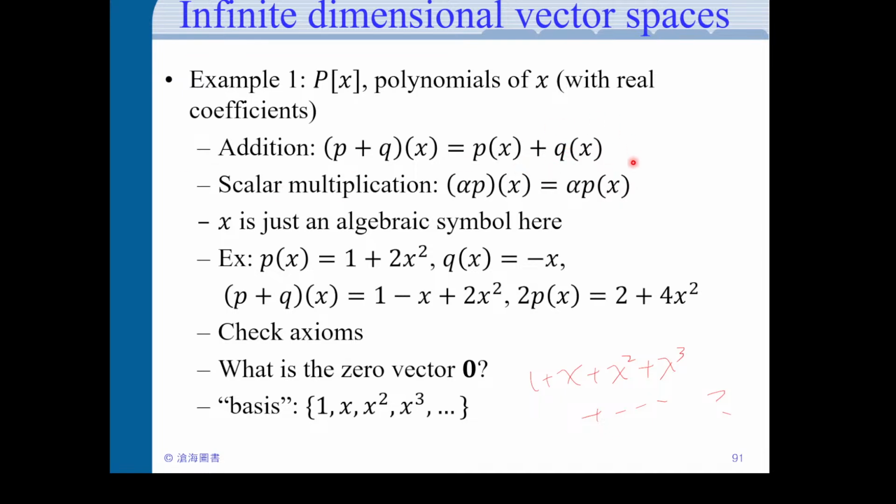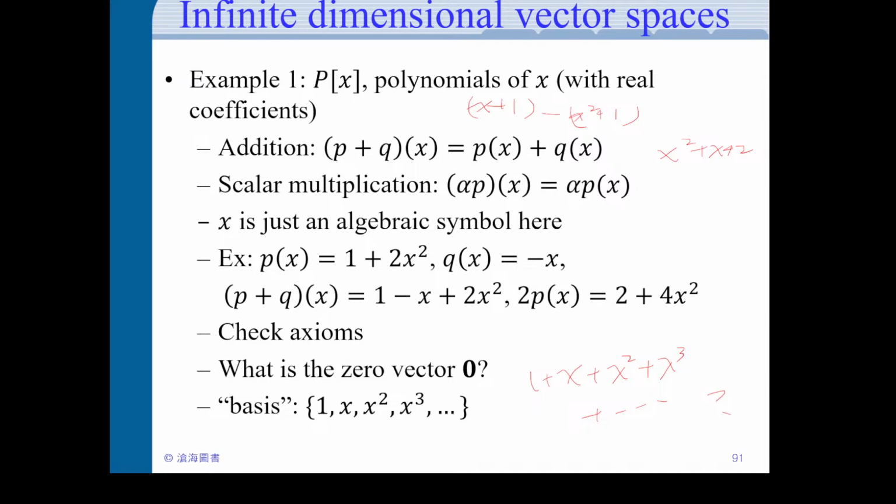and you just do the polynomial addition, p of x plus q of x. I should write an example here. Maybe p of x is x plus 1, and q of x is x squared plus 1, and then p of x plus q of x, you do polynomial addition, and that becomes x squared plus x plus 2.